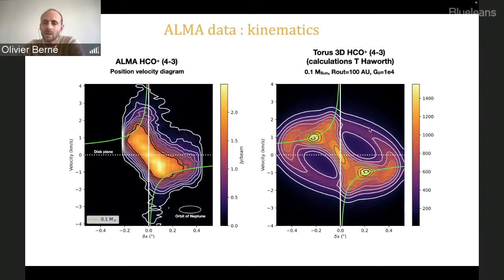In this case, this is a signature of the photoevaporation, and we believe that we also see this non-Keplerian motion here in the observations. And that's also a sign in the kinematical space of this photoevaporation flow.